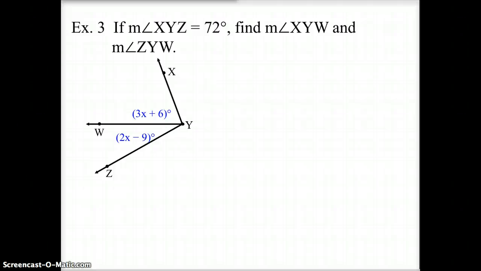Example 3, if the measure of angle XYZ is 72 degrees, find the measure of angle XYW and angle ZYW. Again, notice that Y is in the center because it's the vertex for each of these three angles.